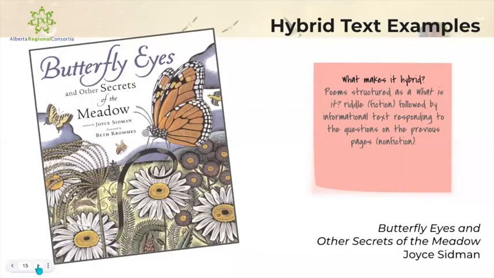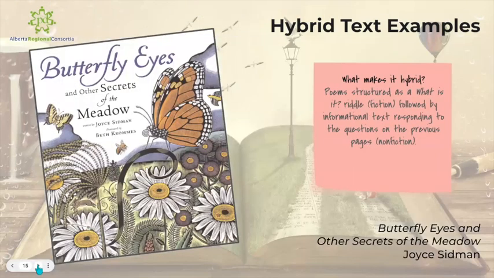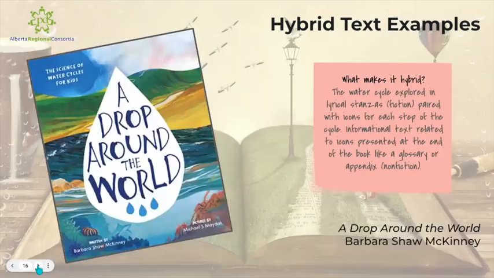As you go through the examples, you will notice that they are written at various reading levels. And I think it's important to note that this helps create inclusive learning spaces, because there are hybrid texts here that could be written for a much younger audience or a lower or more basic reading level.